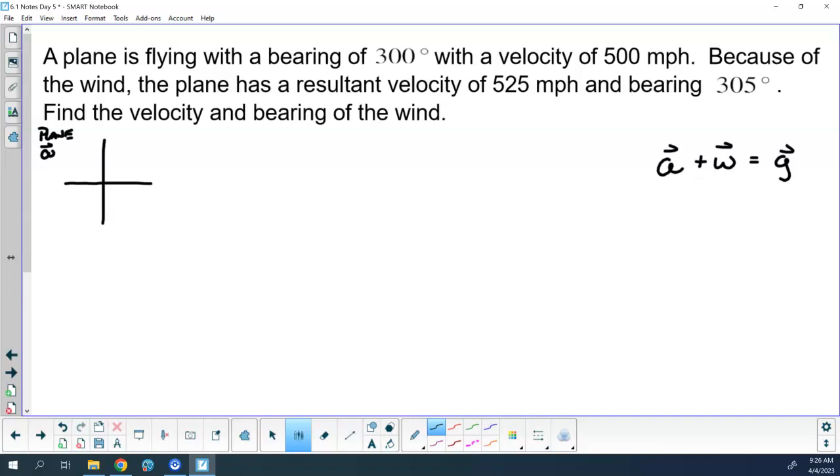So 300 degrees would be up in here. So that would come all the way around here for 300. What would the trig angle be with that one?